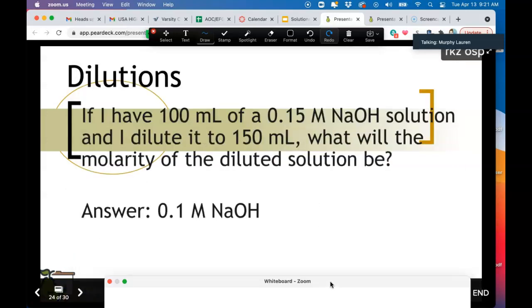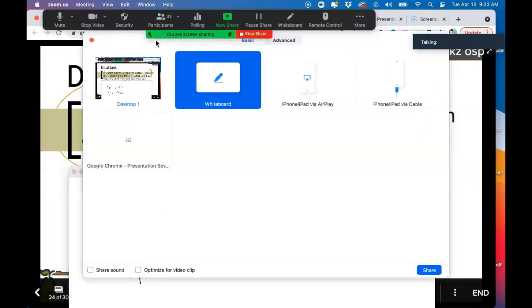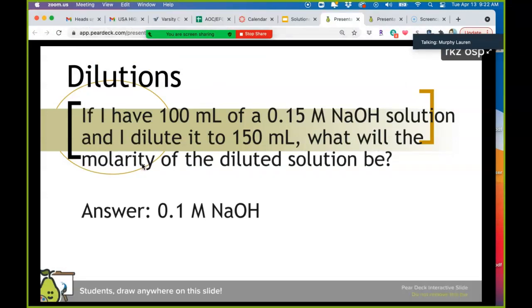And then it says, what will be the molarity? So M2 is your unknown. I don't know. That's your X.